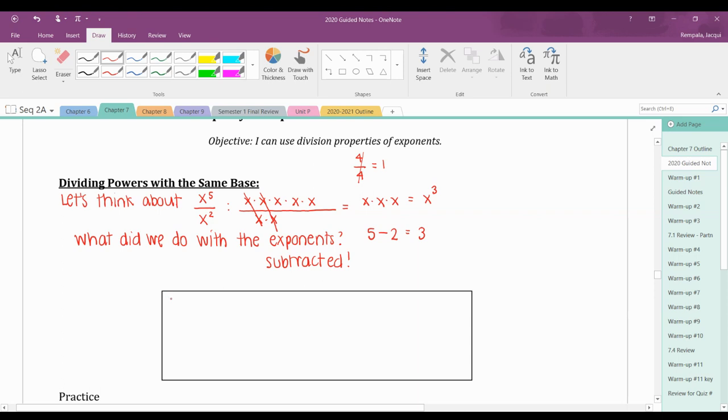It says to divide powers that have the same base, we are going to keep the base and we are going to subtract the exponents.